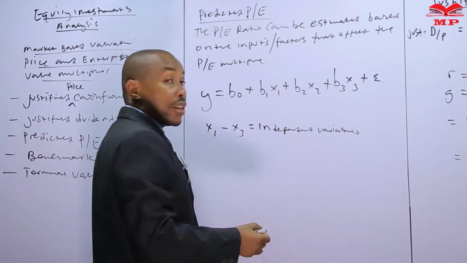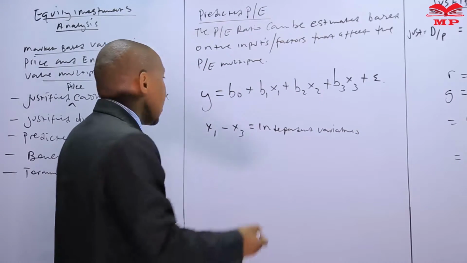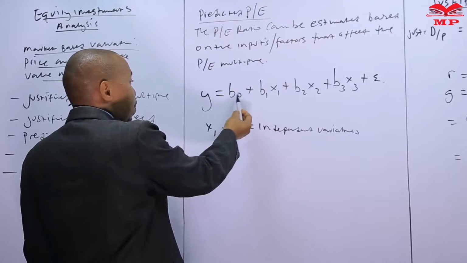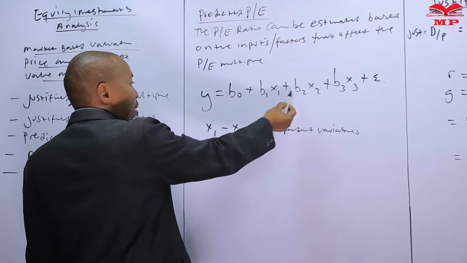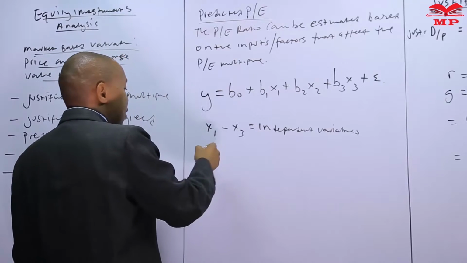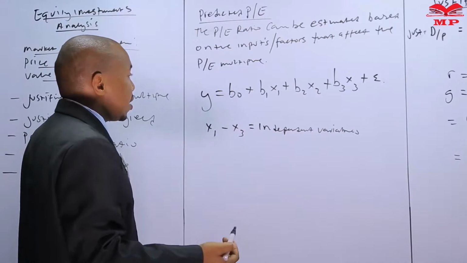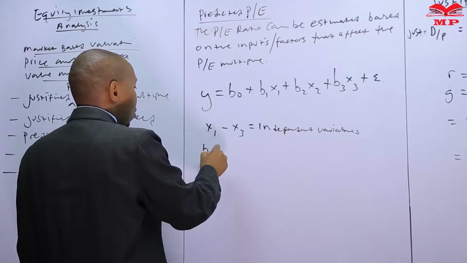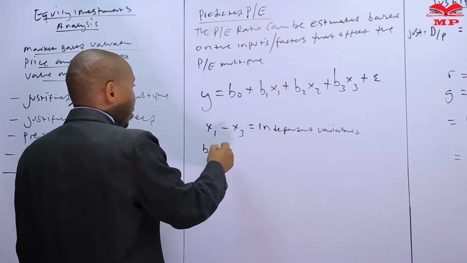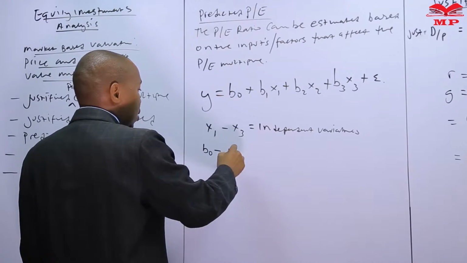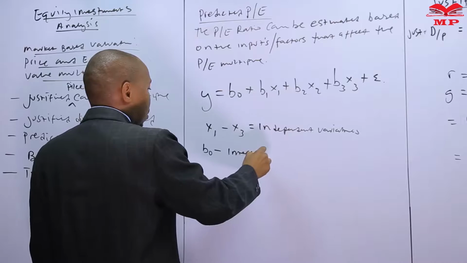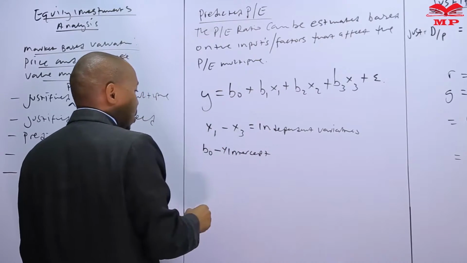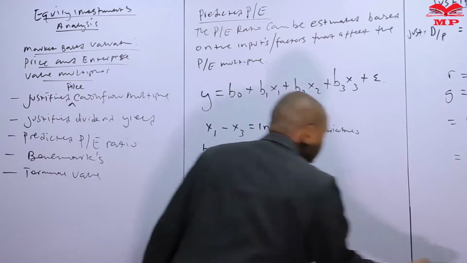They are not influenced by any other factors. B0, B1, B2, B3 represent the sensitivities, where B0 represents the intercept. This is the y-intercept.